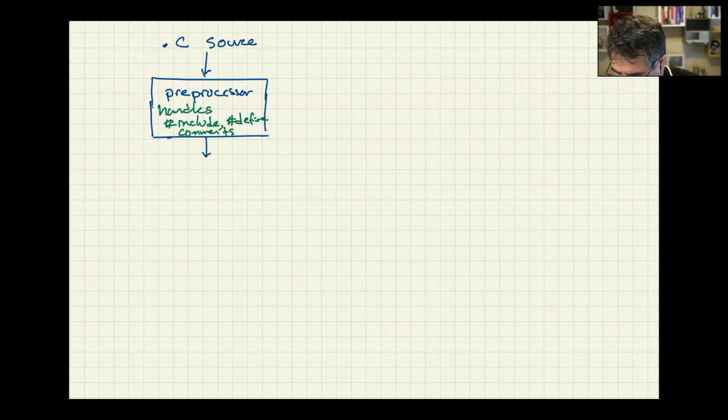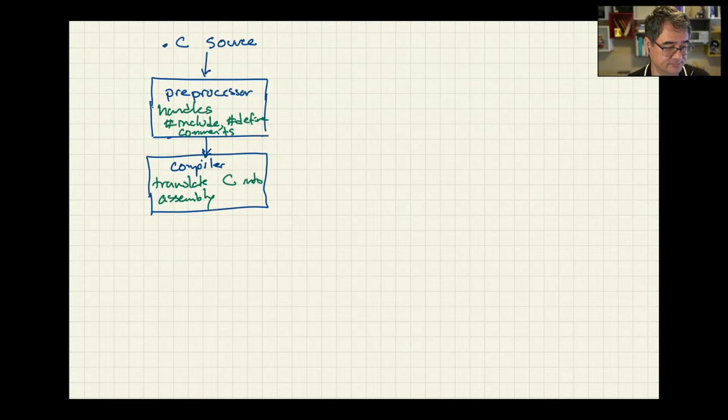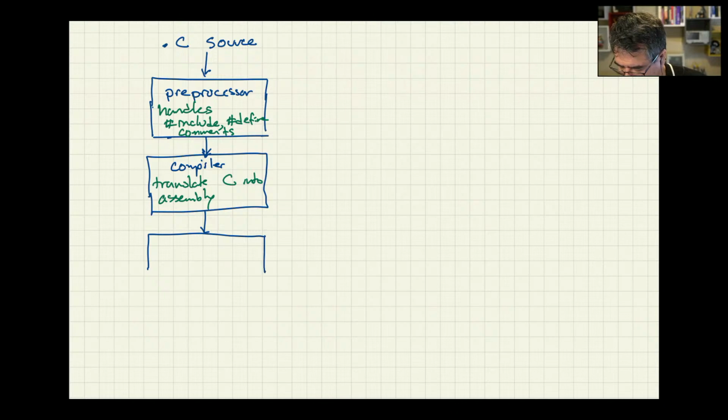The next phase after that is to take this preprocessed source code and go through what really is actually the compiler. This is going to translate C into assembly language for your target architecture. Then out of that it goes into the next phase, which is the assembler.